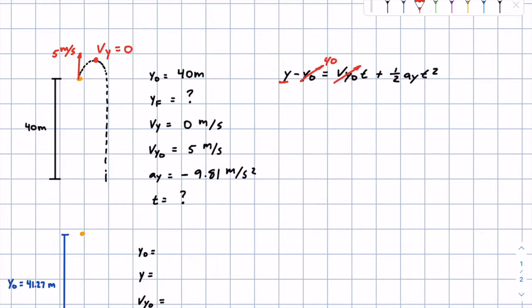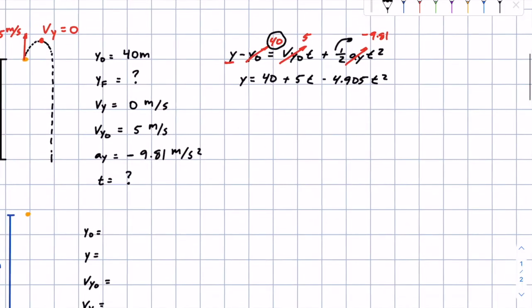The initial velocity in the y direction is 5 meters per second, and acceleration due to gravity is negative 9.81 meters per second squared. So plugging all these values in, and I'm going to add this 40 over, we've got y is equal to 40 plus 5t minus 4.905 t squared, because 1/2 times negative 9.81 is negative 4.905.